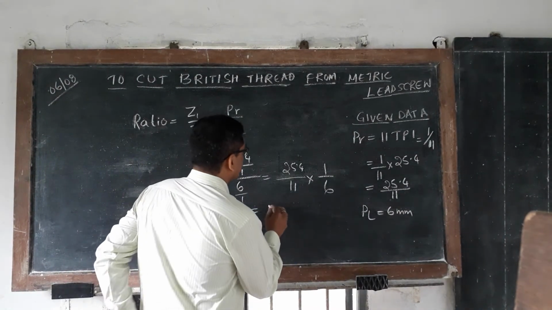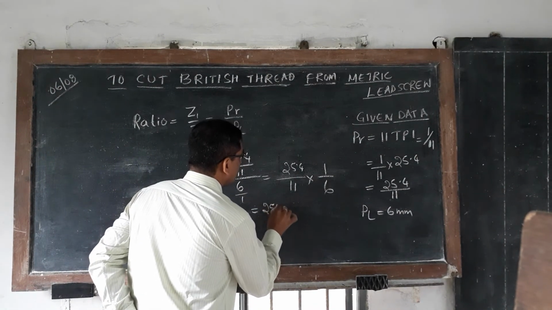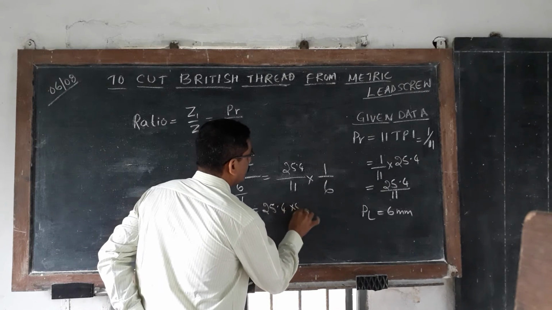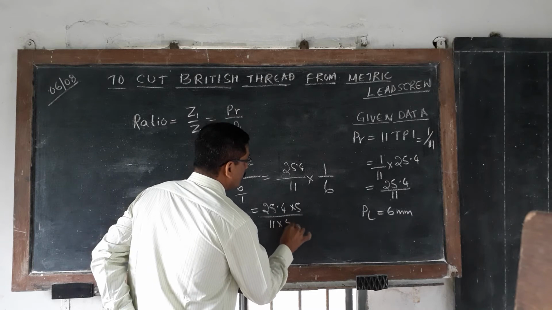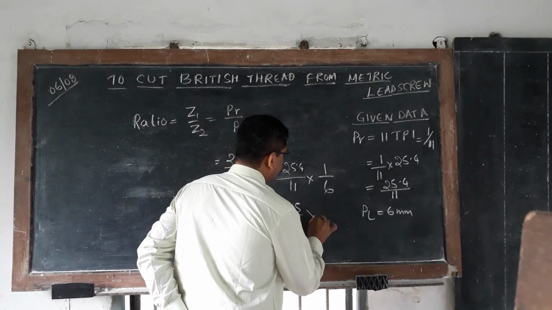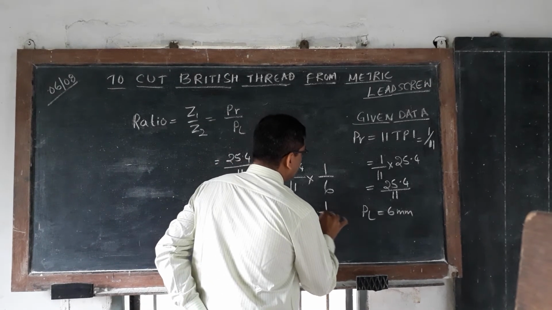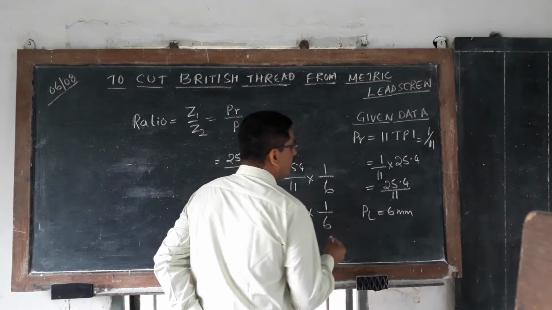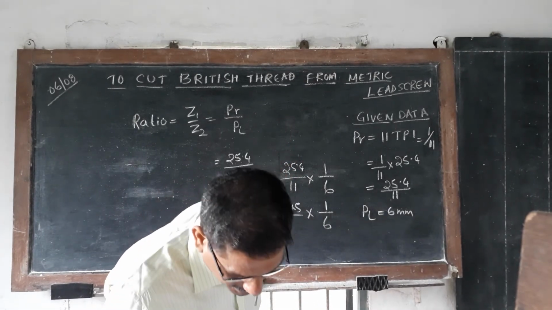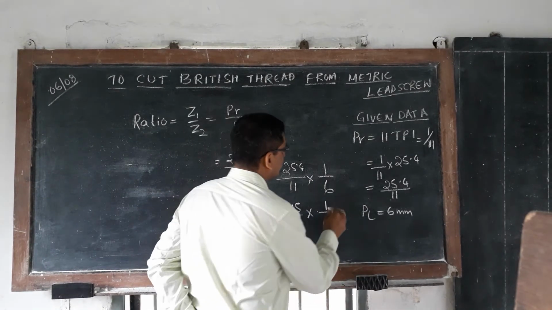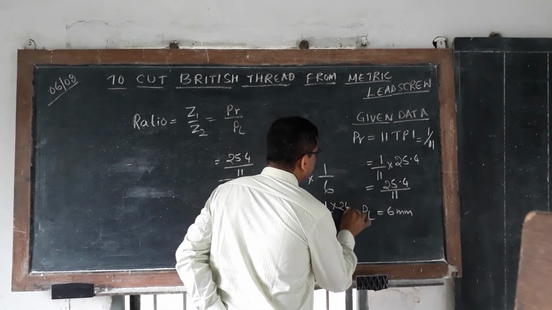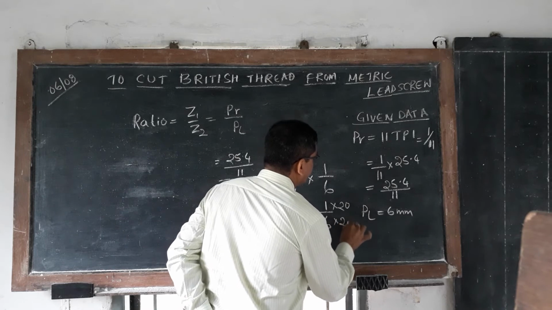So here, 25.4 into 5 divided by 11 into 5, next into 1 by 6. For this any number you can multiply, so we will take 20, into 20 into 20.